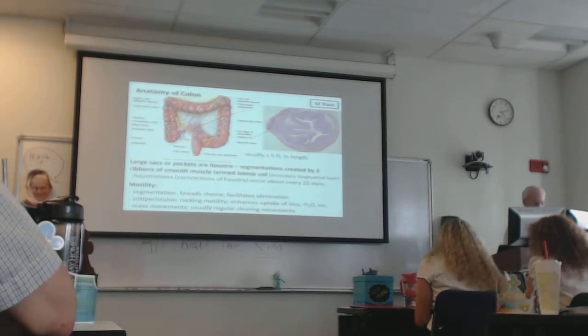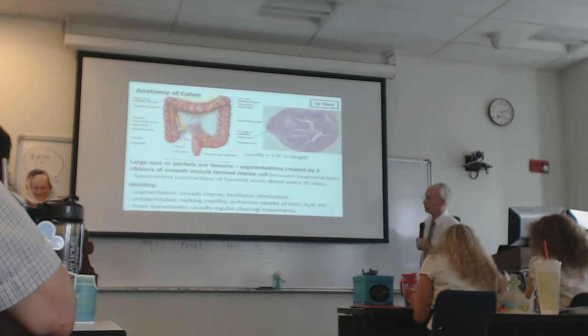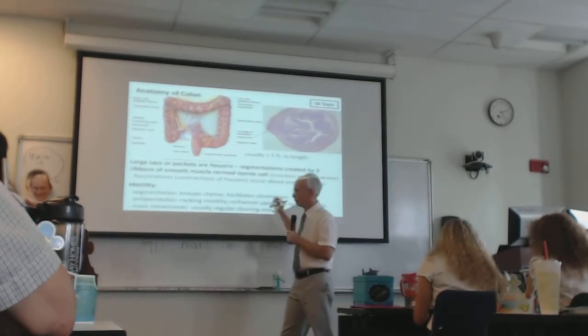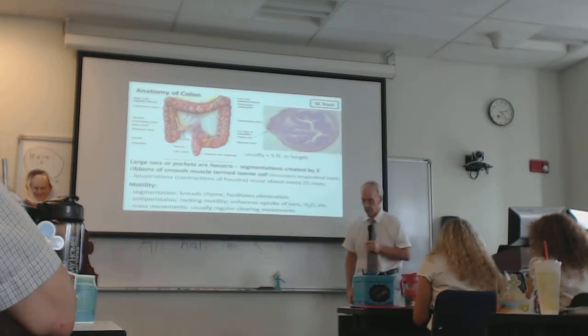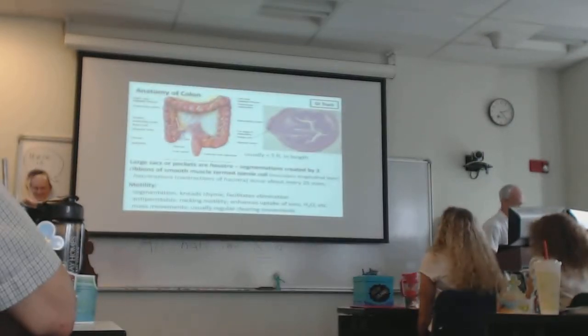So in the colon, there's going to be segmentation, except the segmentation in the colon is called haustration, and it's achieved by those very powerful radial muscles kneading and breaking apart the chyme. The rocking motility in the colon is achieved by both peristalsis and antiperistalsis going backward and forward, once again to avoid the chyme setting up.